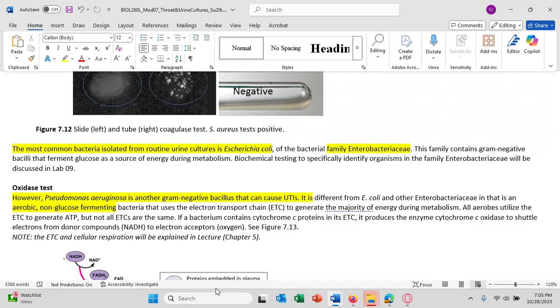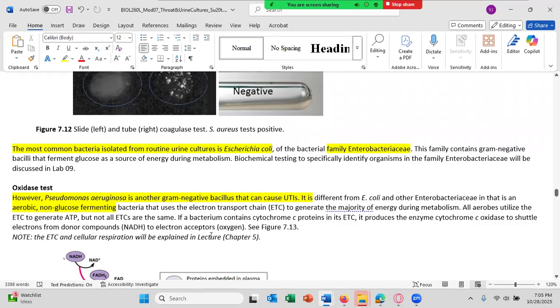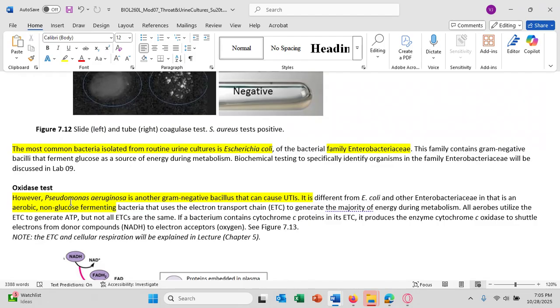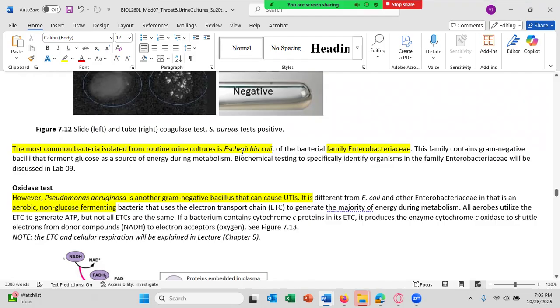Most people differentiate the members of Pseudomonaceae from the members of Enterobacteriaceae with the oxidase test, because both are gram-negative bacilli, but the Pseudomonaceae family is oxidase positive, all members, and the Enterobacteriaceae family, all members are oxidase negative.